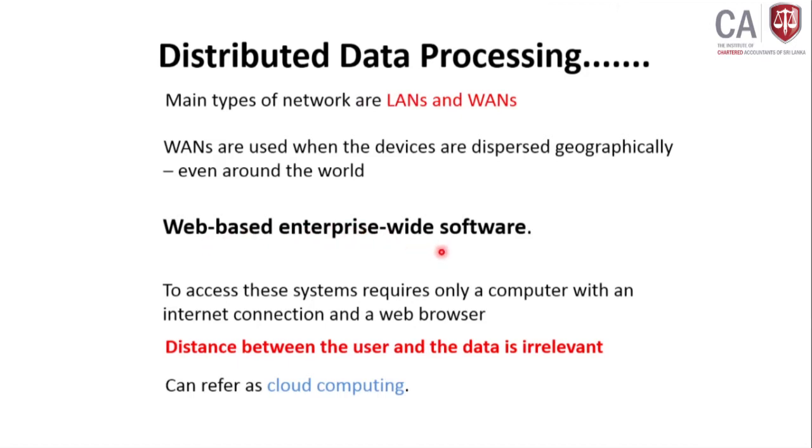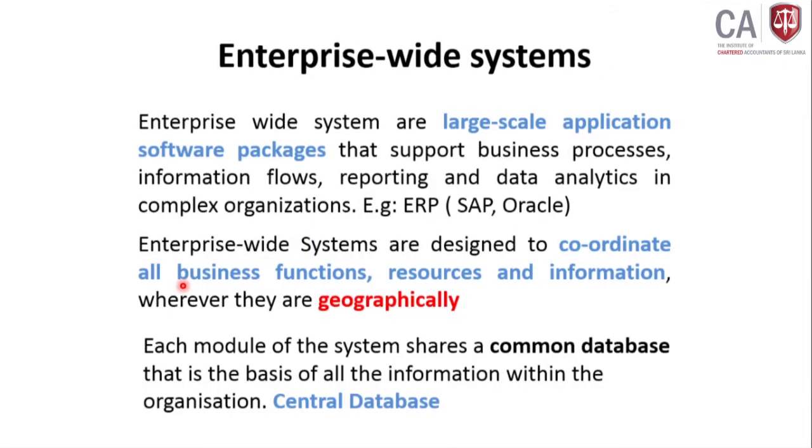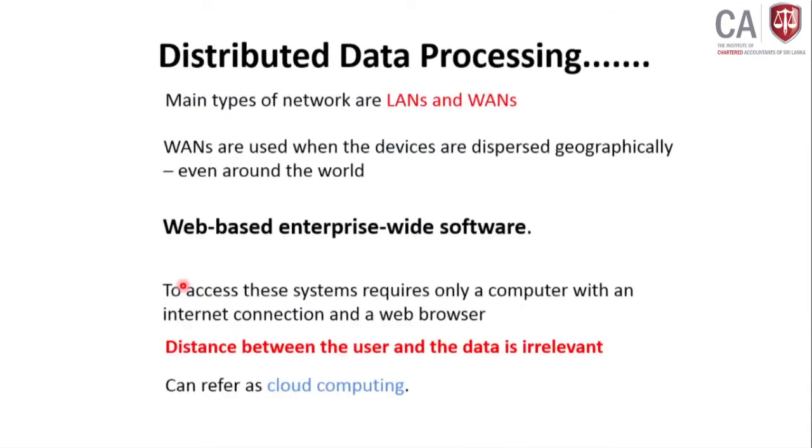Web-based enterprise wide software. What is web-based enterprise wide software? So we talk about enterprise wide software that is web-based. To access the system requires only a computer with an internet connection and a web browser.